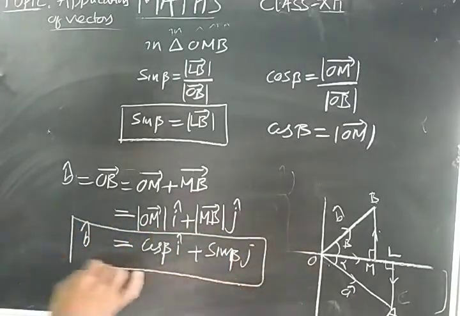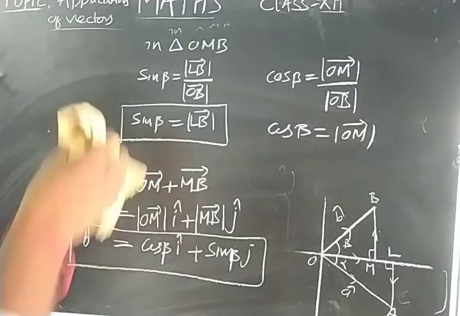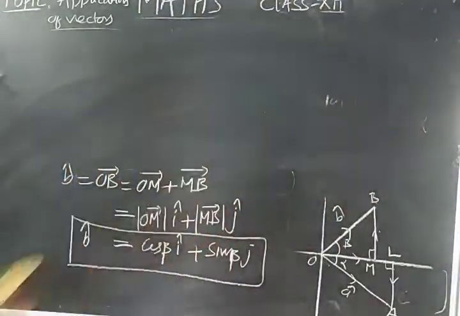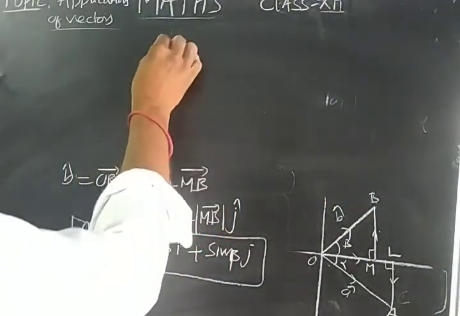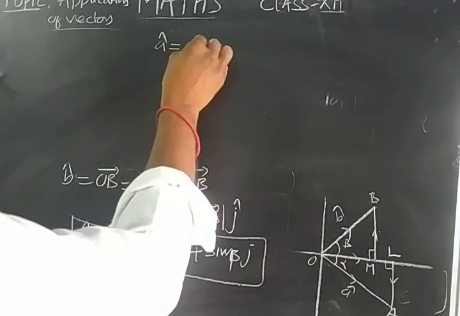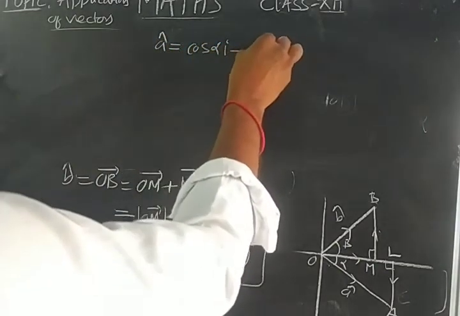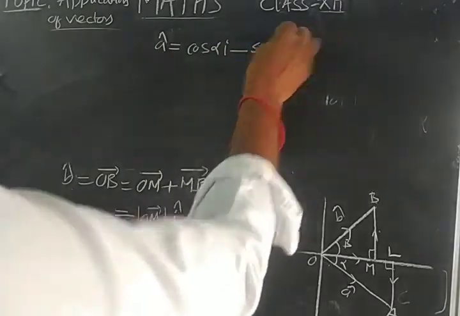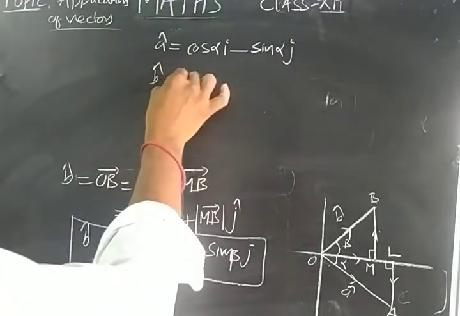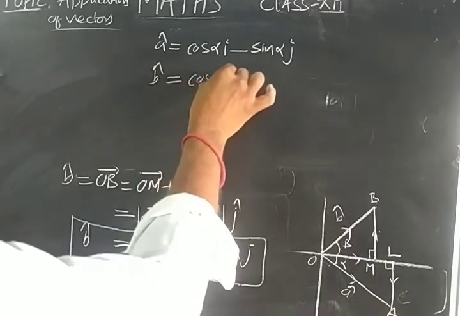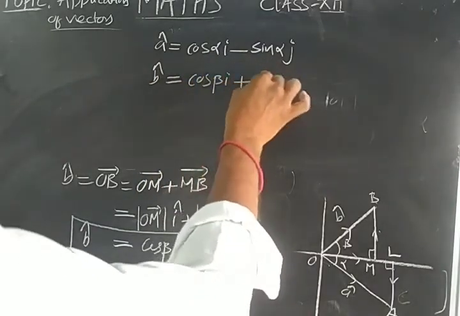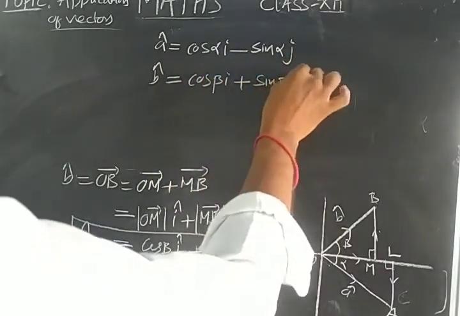Now I am going to find the dot product. First of all, write what we got. A cap equals cos alpha I minus sin alpha j, and B cap equals cos beta I plus sin beta j. Right?